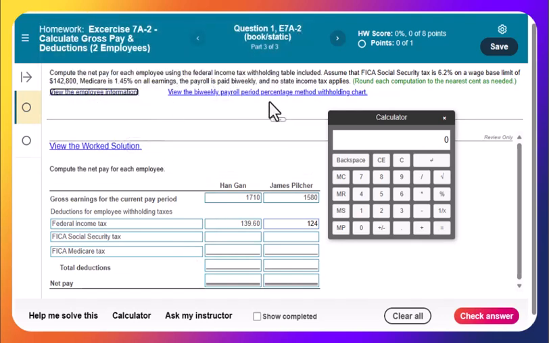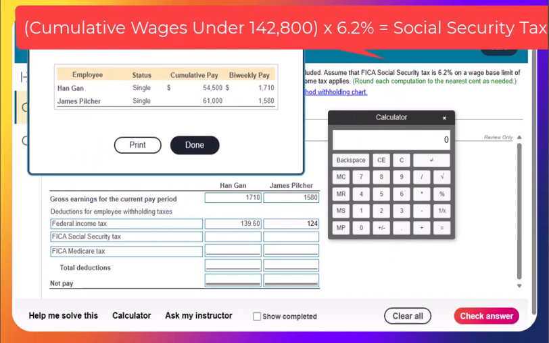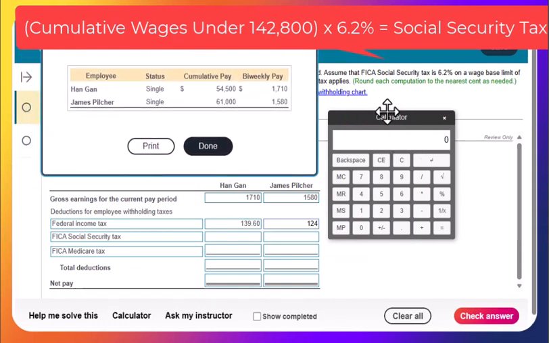So for Social Security tax, it is 6.2% on a wage-based limit of $142,800. So let's go ahead and take a look here. If we take a look again at that employee information, neither of these employees has made that amount, so 6.2% will be calculated for both of their biweekly pays. If they were over 142 or split in the middle, that would change things a little bit, but they're still within that limit.